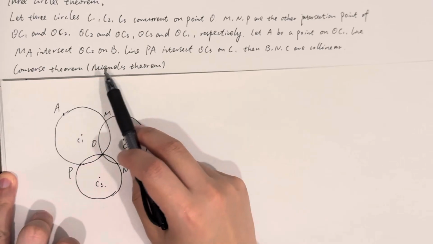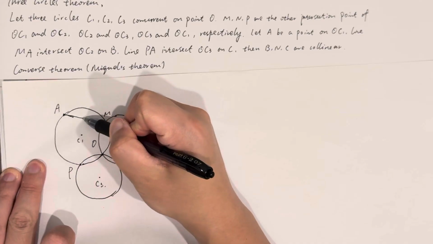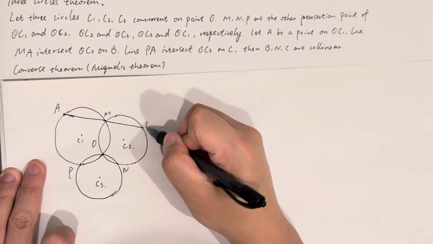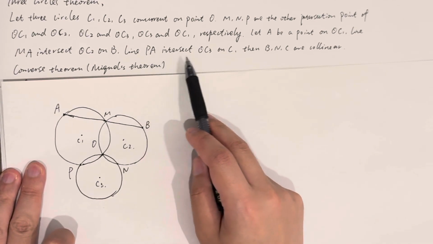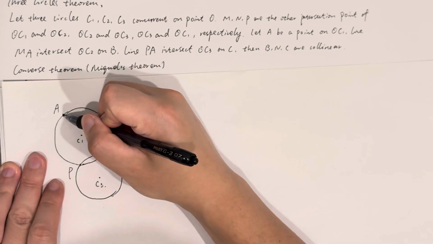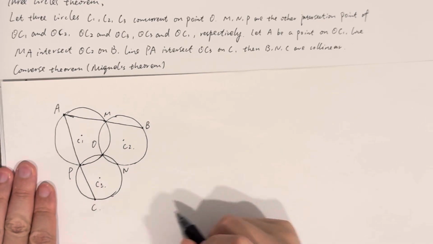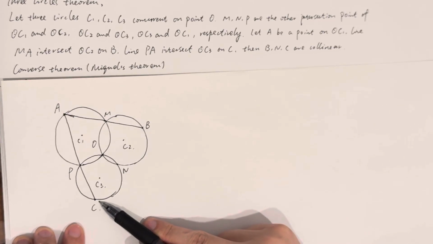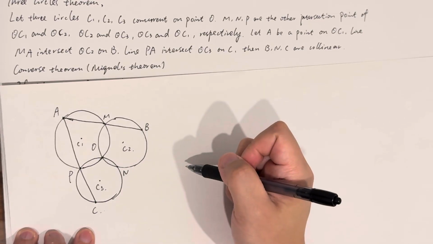Line MA intersects the circle C2 at B. So if we connect A and M and extend it, it meets the circle C2 at this point B. Line PA intersects the circle C3 at C. So this point is C. Then B, N, C, these three points are collinear.